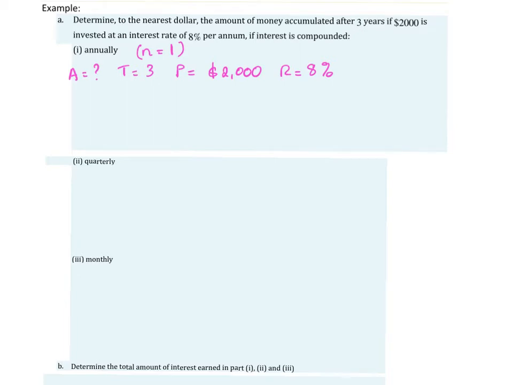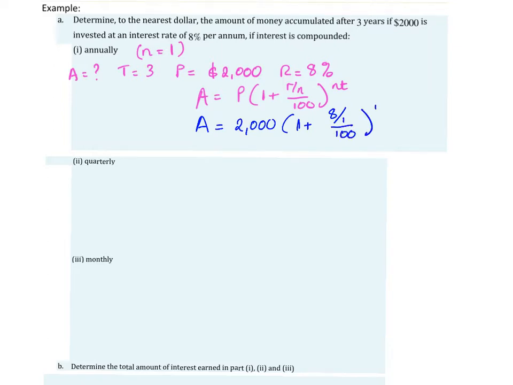So our rule here is A equals P outside of 1 plus R on N over 100 to the power of NT. So when I substitute in my values for this one, well, A is what I'm looking for. P is 2,000 outside of 1 plus, now my R was 8 and N is equal to 1, over 100 to the power of 1 times 3.